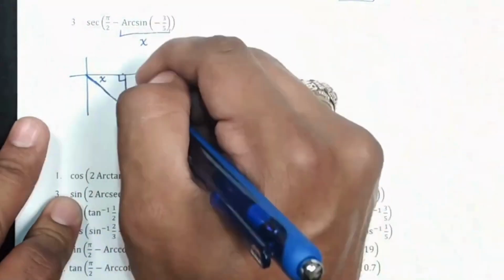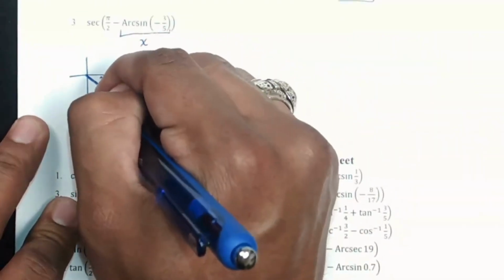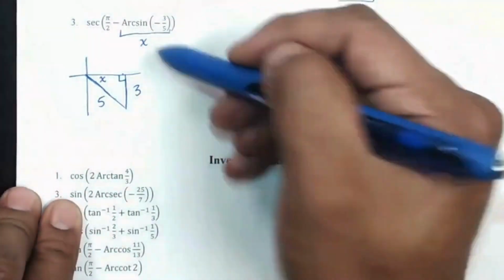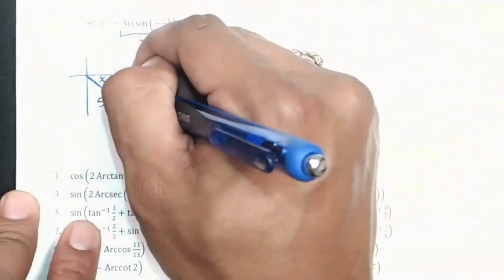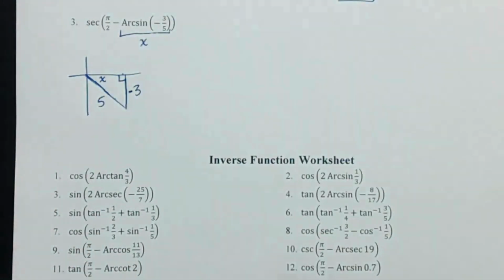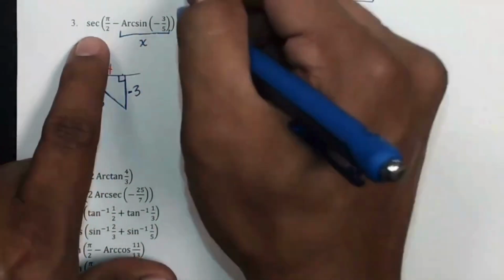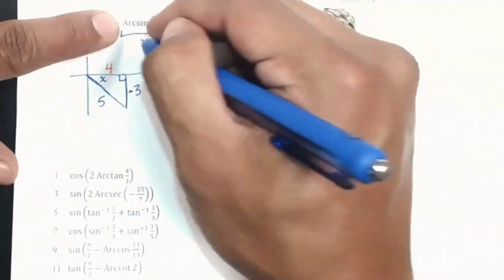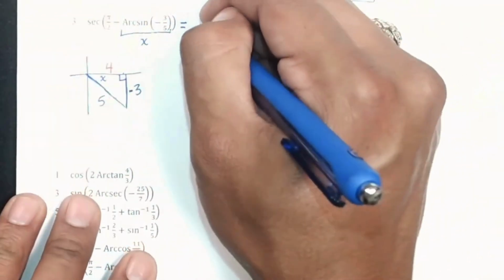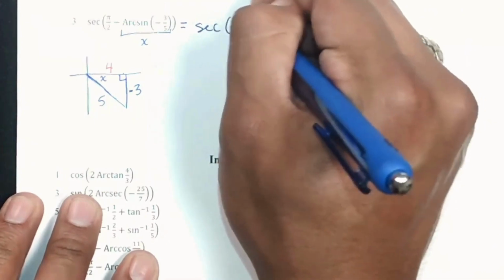The opposite side is 3, the hypotenuse is 5, and one of those has to be negative. The hypotenuse can never be negative, so that's going to be -3, and then this is 4. So in other words, arc sine of -3/5 gives me an angle x. I don't need to know exactly what that angle is. I can just assign it a variable.